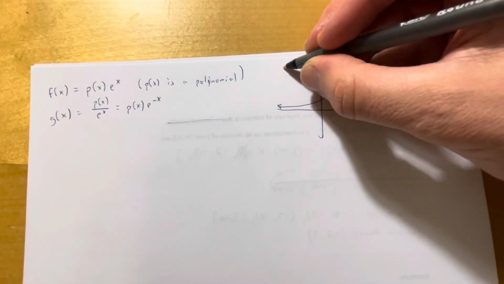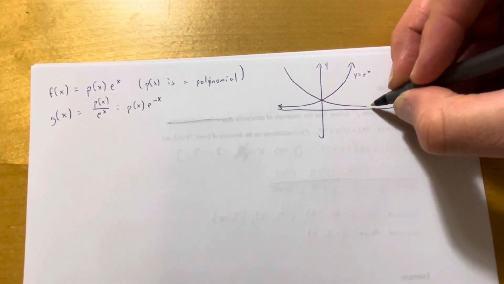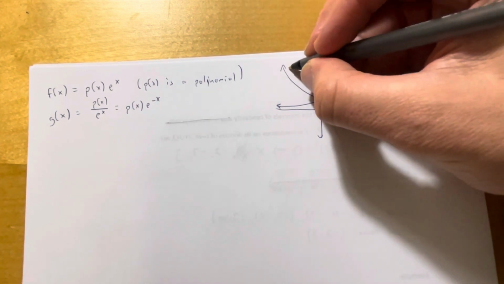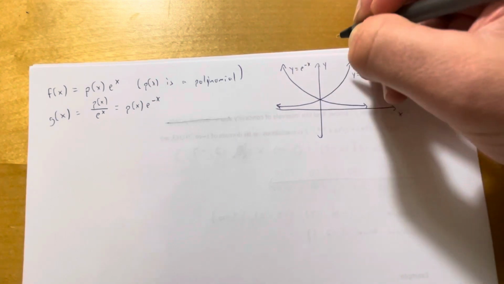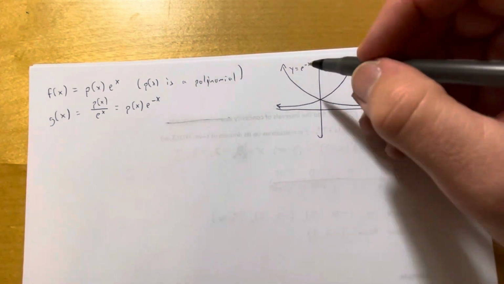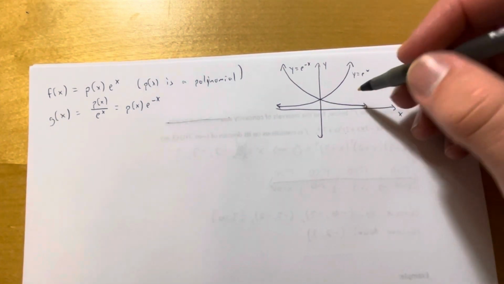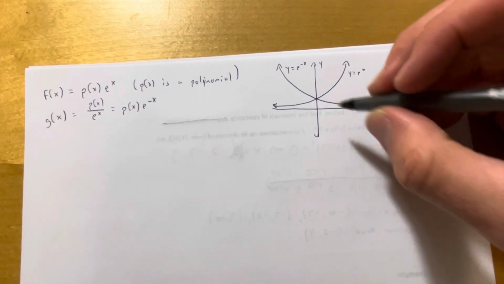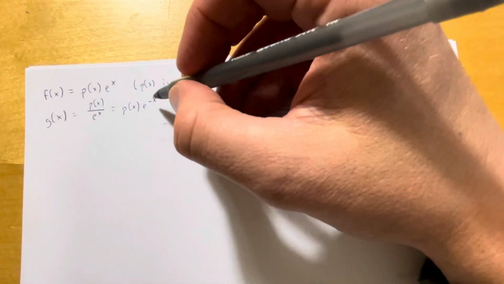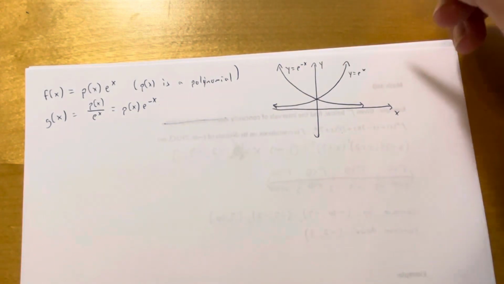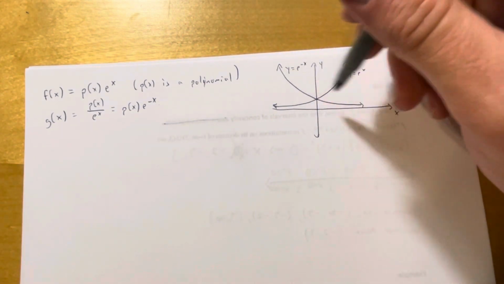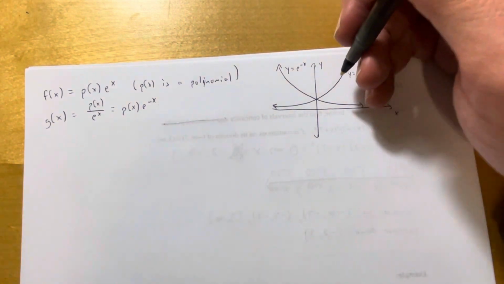So that graph would look like this. y equals e to the negative x. That also has a horizontal asymptote, but this time as x approaches infinity instead of negative infinity. So we still get the same horizontal asymptote here, but the graph will approach it going the other direction, okay?